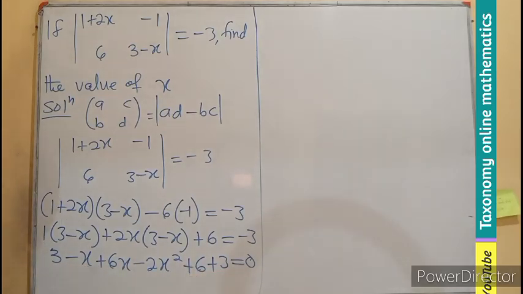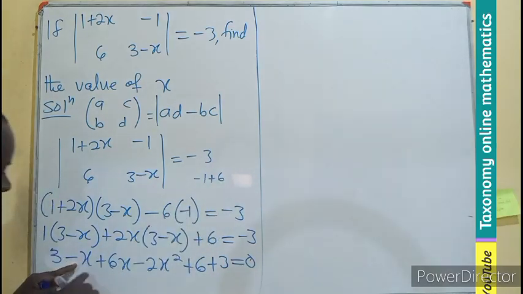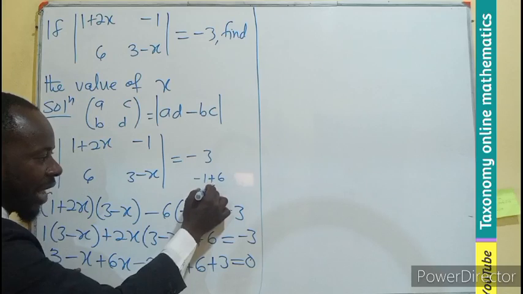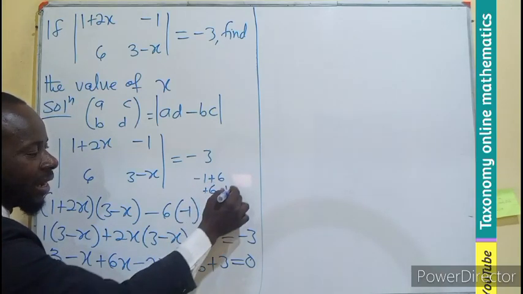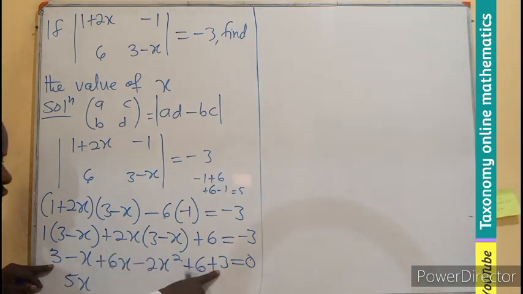Let's see how we can do that. So this is going to be minus 1 plus 6, which can also be 6 minus 1, and that gives us 5. So this here will be 5x. This is coming all the way to join this.